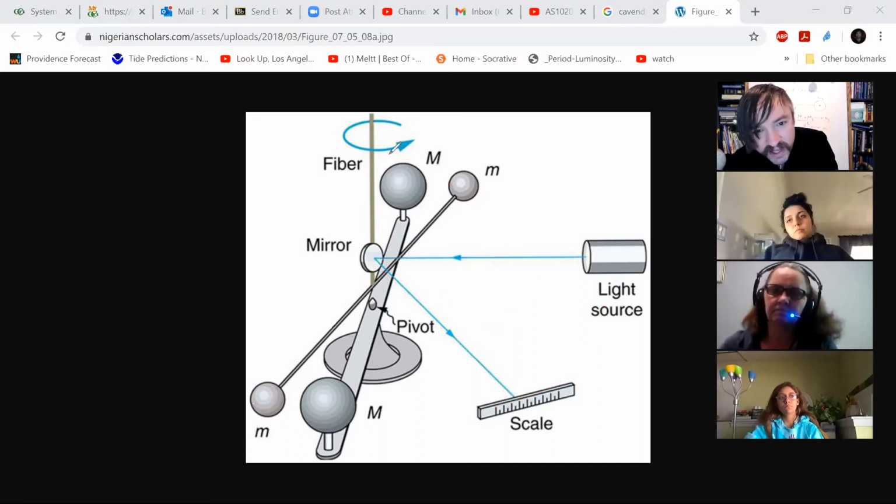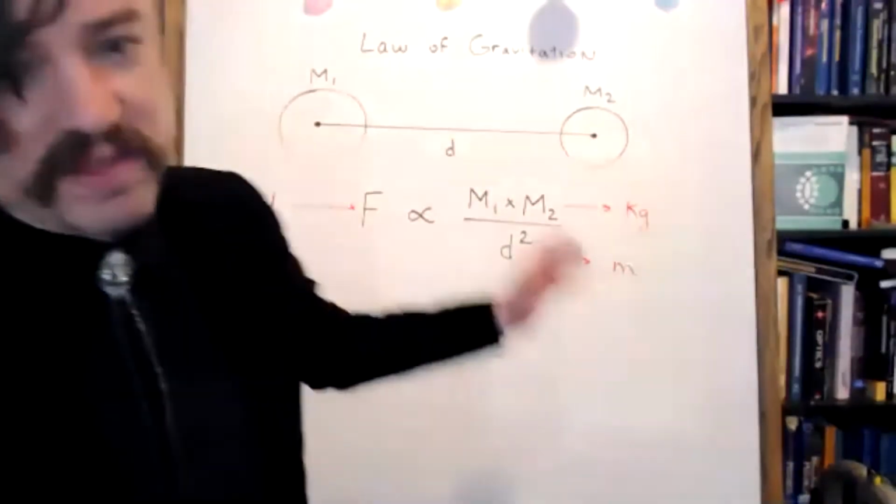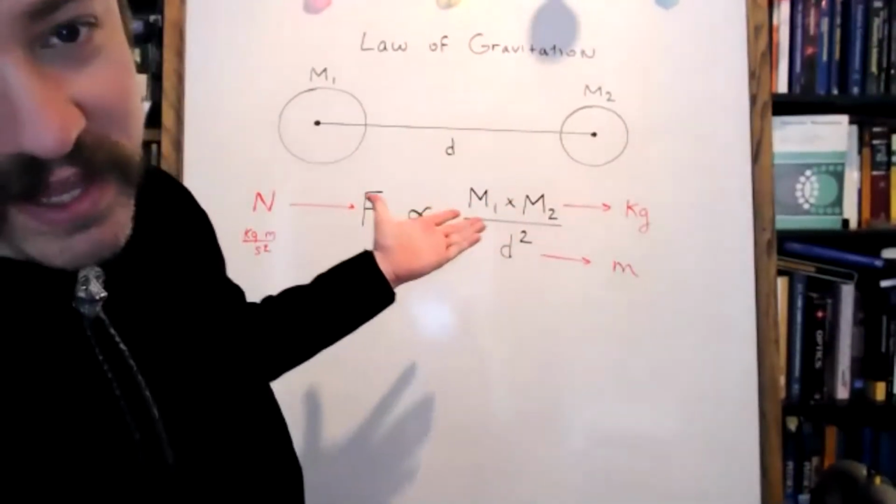When he originally did this, he was able to calculate the magnitude of the force between these 2 spheres. And ironically, he wasn't interested in improving this formula. He was interested in making the first ever estimate of the mass of Earth.